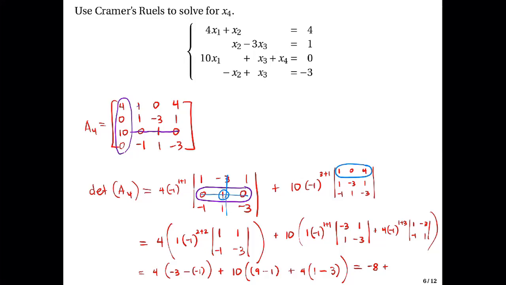So 4 times -2. So let me write it here. That's -8. And then for this, we just have 8, correct? So you have here 8 minus 8. And that's 0. Times 10, it's still 0. So this guy here, this is just -8.